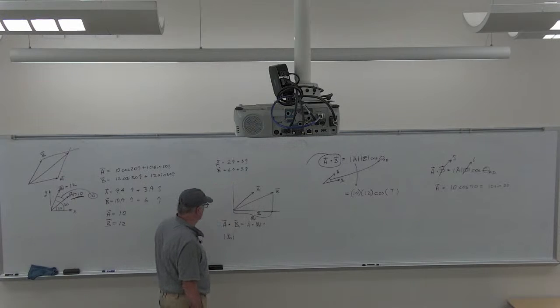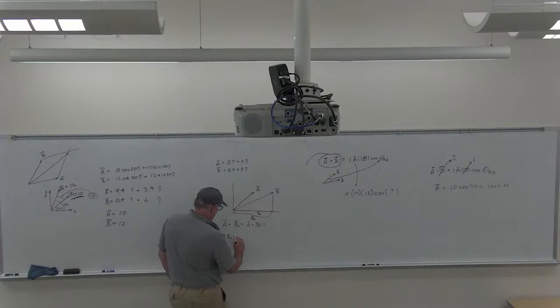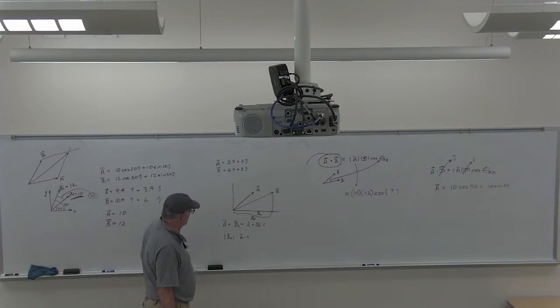Take the 4 out, and you're dotting A with I. So if you dot A with I, what do you think you get?